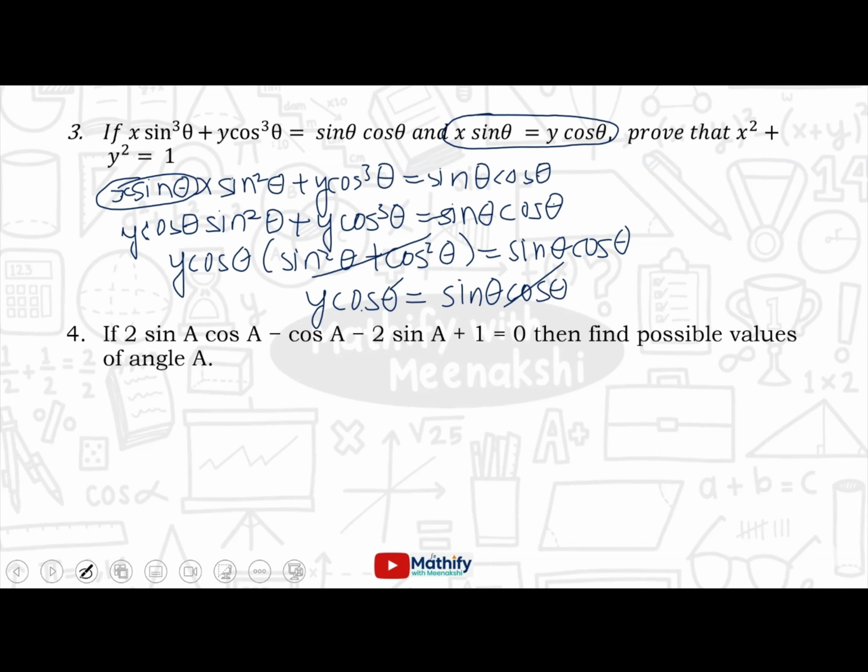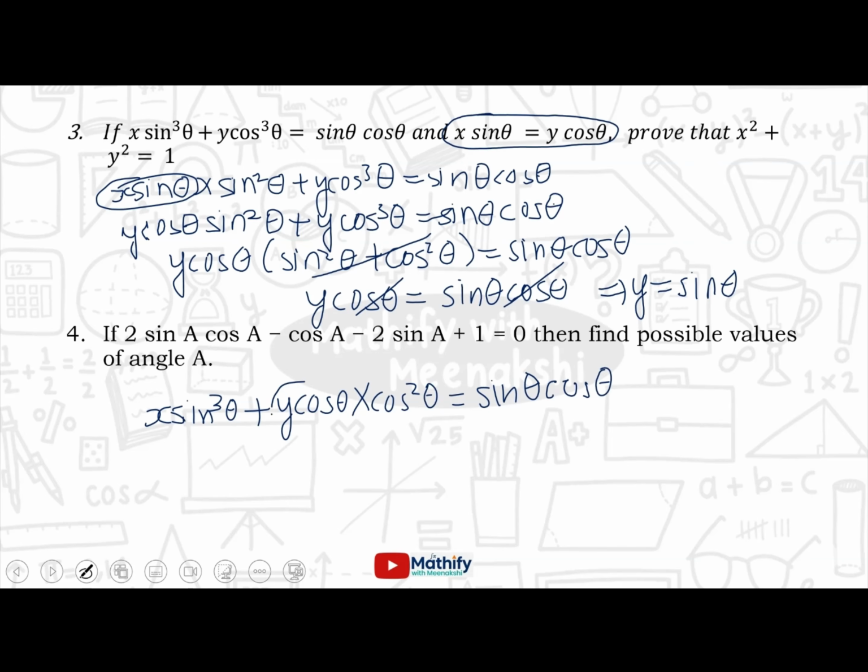Now let's cancel cos theta. So y is sine theta. Similarly, now I will break this time y cos theta. I will write y cos theta into cos square theta. Yes, similarly I will do that. Like I did at first, where I replaced x sine theta as y cos theta, now I will do the reverse.